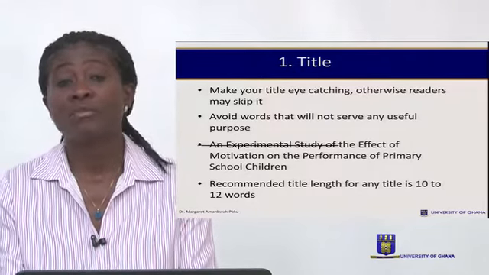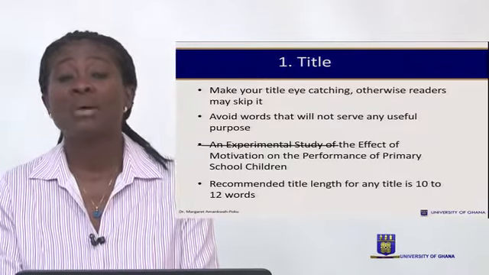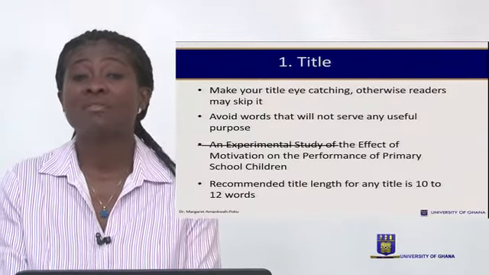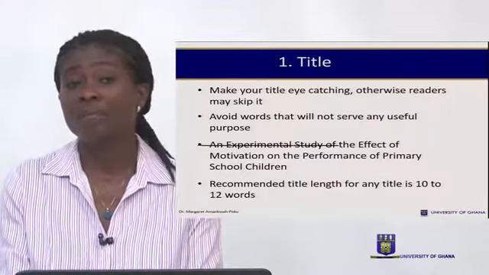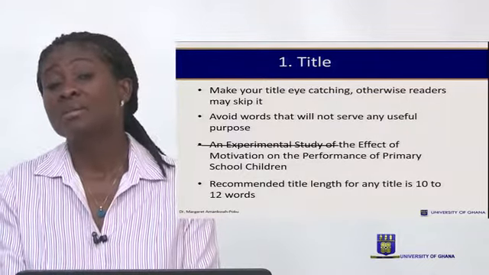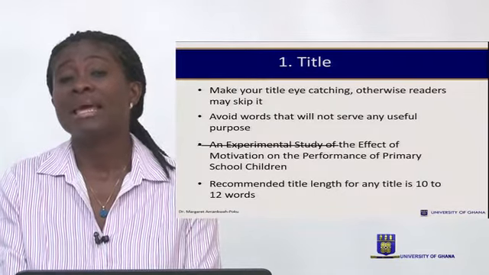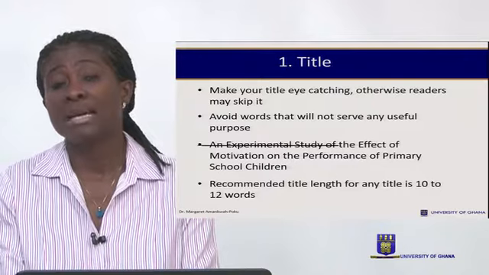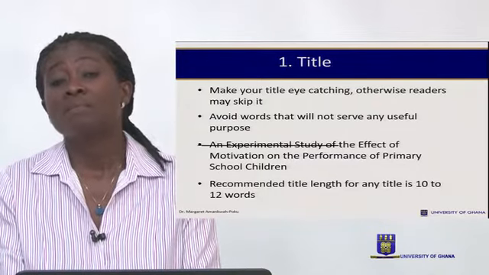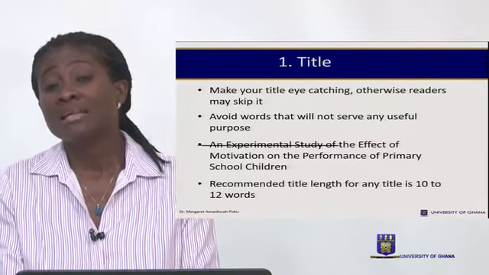So for instance, students will write an experimental study of the effect of motivation on performance of primary school children. Here you notice that if we take out the words, the experimental study of, it will not change the meaning of the title. So these few words are redundant words.